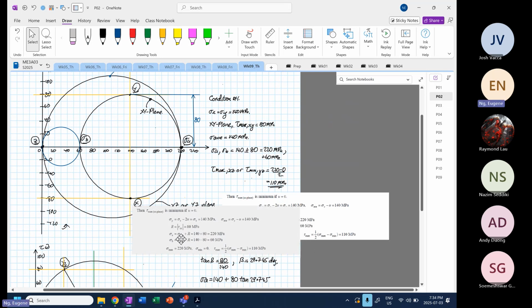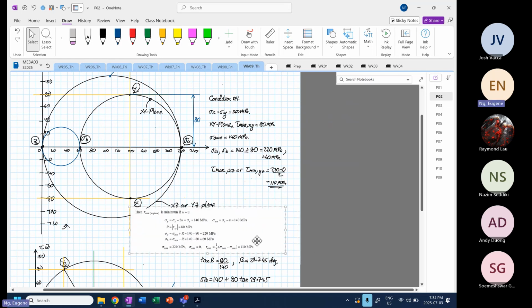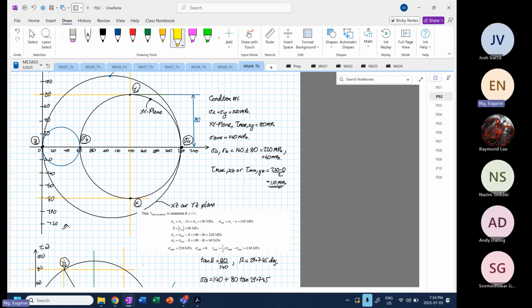And this is again from the solution manual. Okay, so the solution manual, this is 110, 220 and 60. Just sketch the circle, okay? Don't form those equations. It's easier for you to visualize the sketching of the circle rather than anything else, okay?